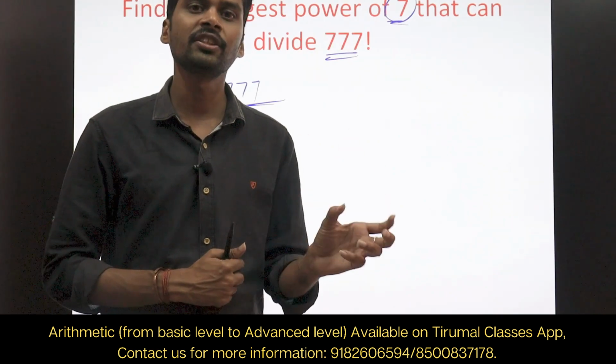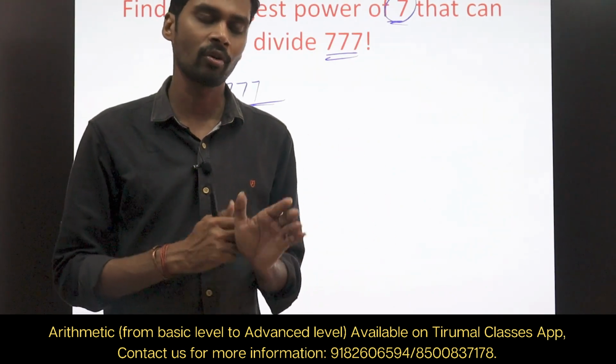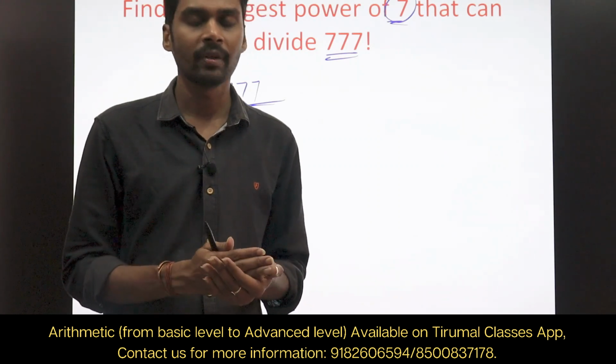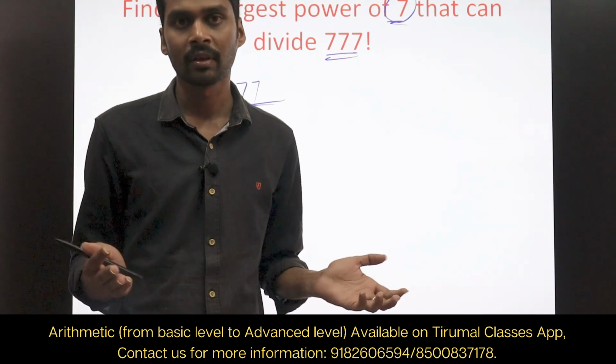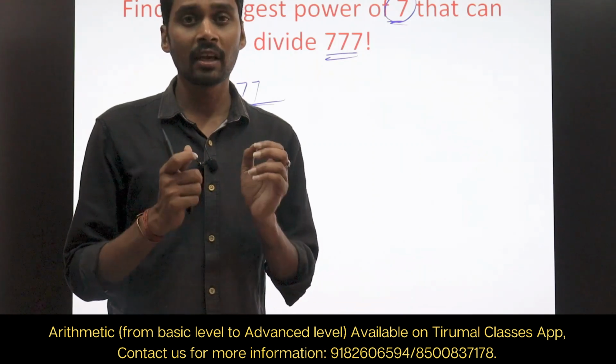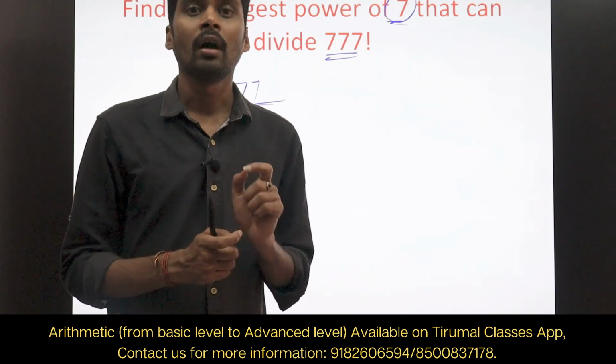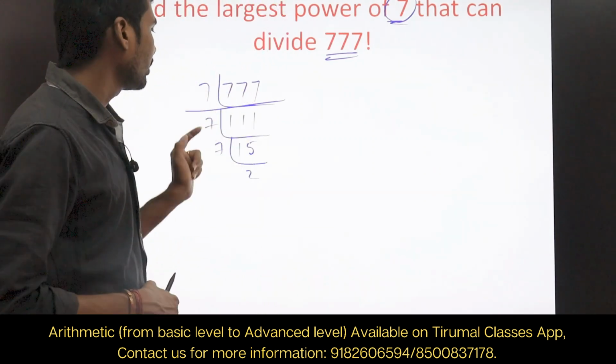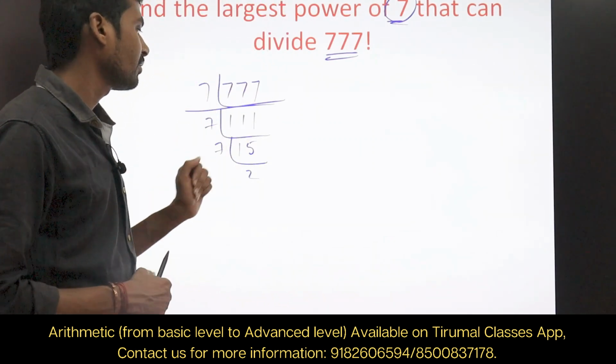If you know that 16 into 9 is 144, that would be good. Otherwise, if you multiply 9 into 6, 9 into 1, it will kill your time. That's why tables play an important role in arithmetic and reasoning. So 7 times 111, 7 times 15 is 105, and 7 twos.